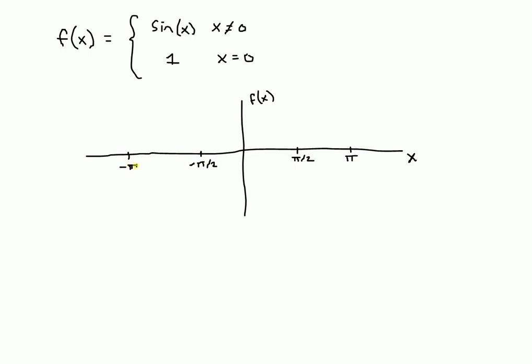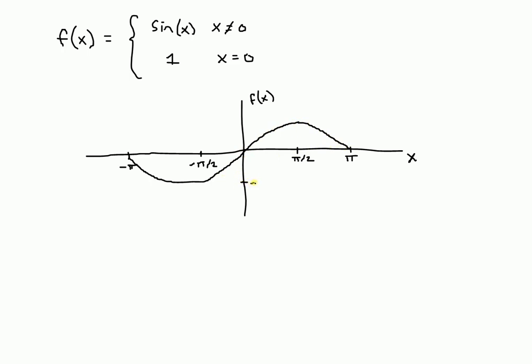It doesn't relate to scale, but we know that sine of negative pi is 0, sine of negative pi over 2 is negative 1, sine of 0 is 0, sine of pi over 2 is positive 1, and sine of pi is 0.